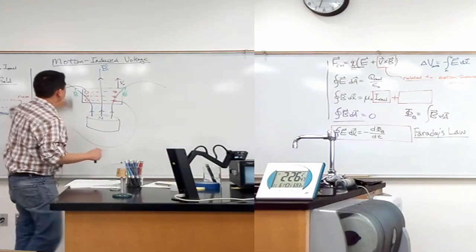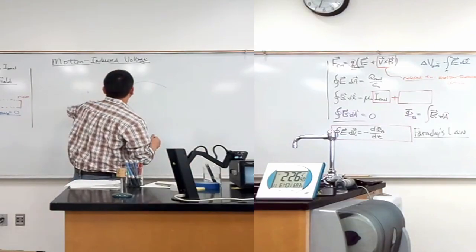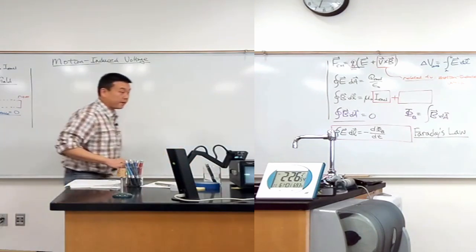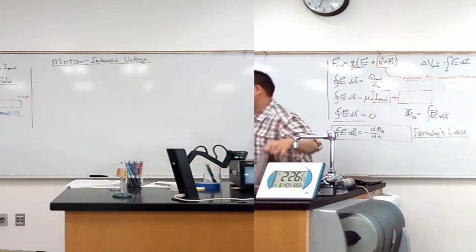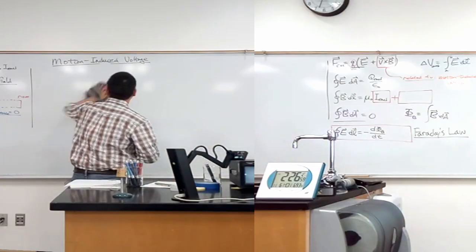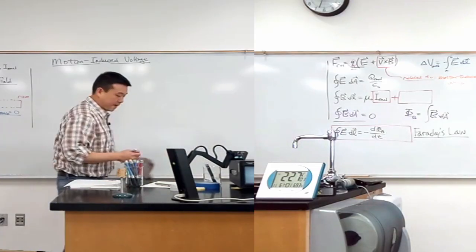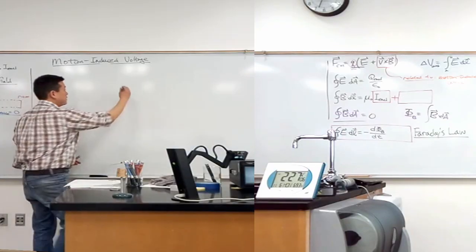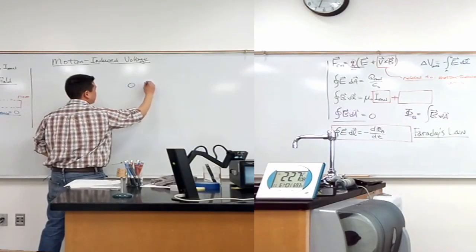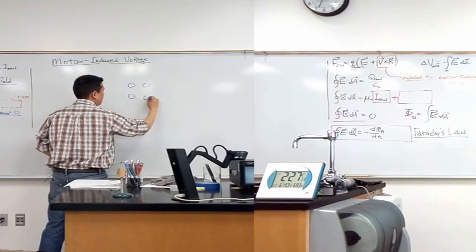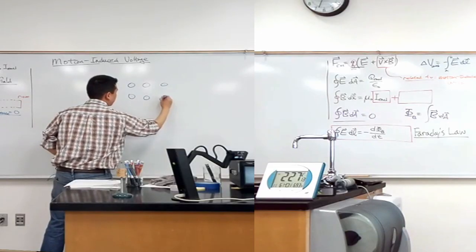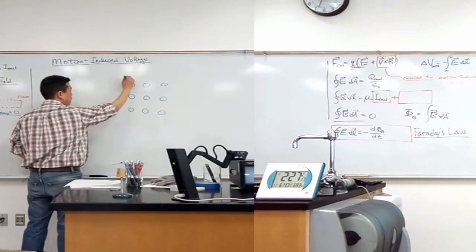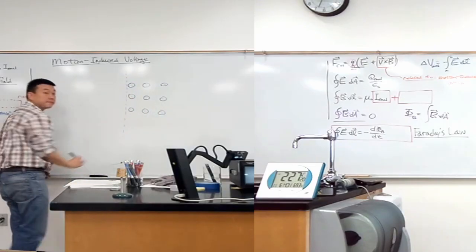Let me imagine a space that's filled with magnetic field. Let me draw it. I have a magnetic field coming out of the board, but here's something a little bit special: there's an abrupt change, a boundary.